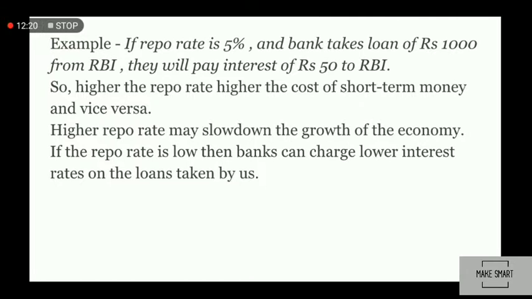Suppose, in this example, a bank takes 1000 rupees and the repo rate is 5%. When our bank goes to the RBI and takes 1000 rupees at 5% interest, and then we demand a loan, the bank gives the loan with interest to which it also adds 1 or 2% for profit.